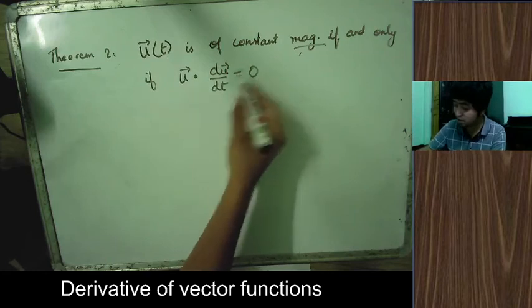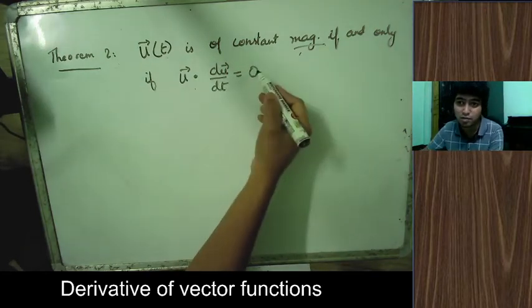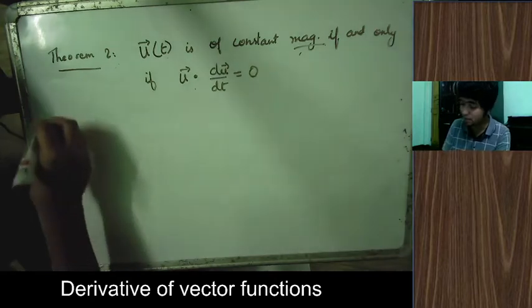Notice over here it won't be 0 bar because it is a dot product. The dot product should be a scalar. That's why it will only be 0.